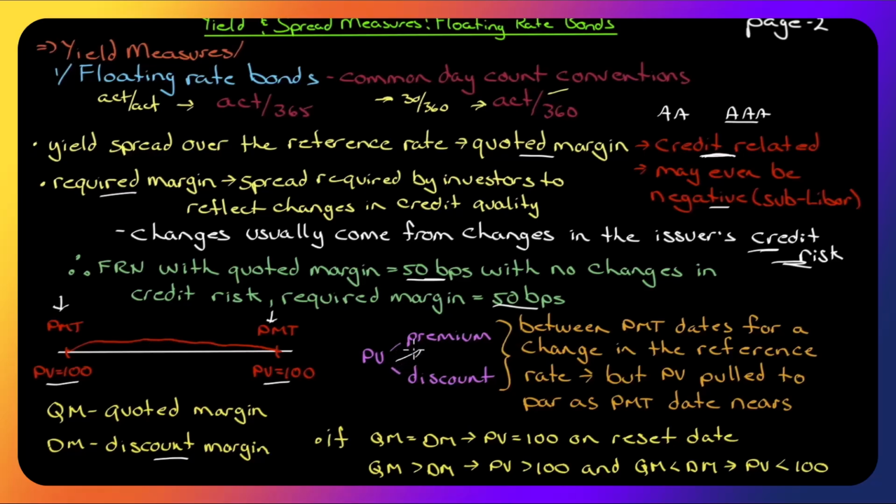So the present value could be a premium or a discount between payment dates for changes in the reference rate, because on this date LIBOR may be a certain rate, but it fluctuates over time.